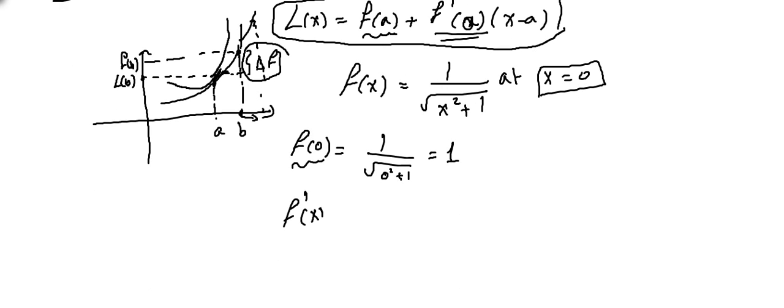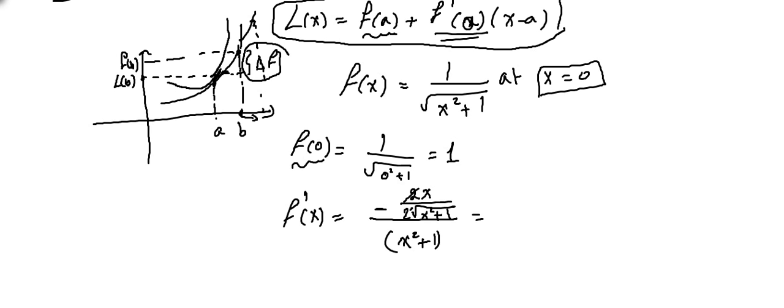What is the derivative of this function? It's u over v, so it's u prime, which is 0, times v, minus v prime, the derivative of the denominator, which is 2x over 2 radical x squared plus 1, all over v squared, so over x squared plus 1.